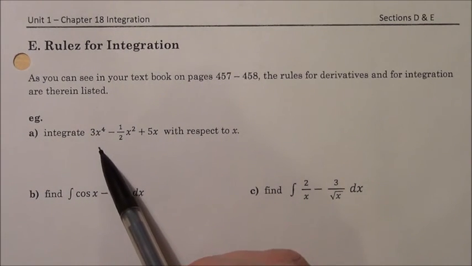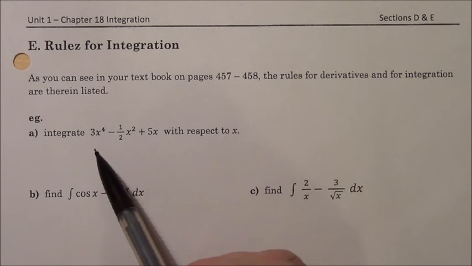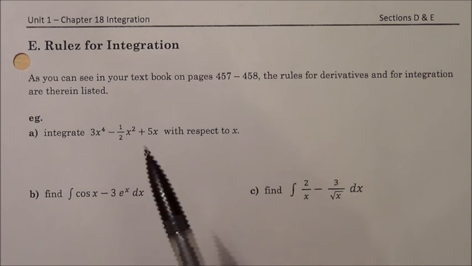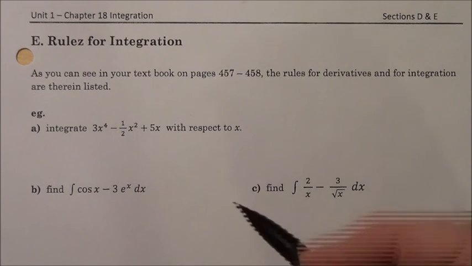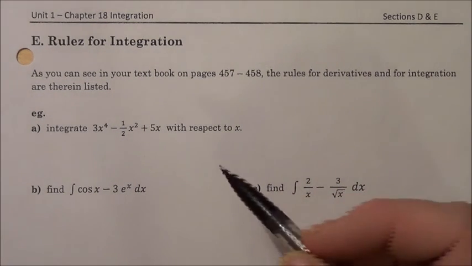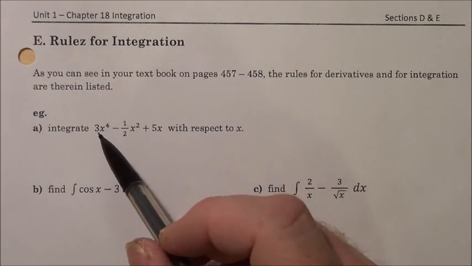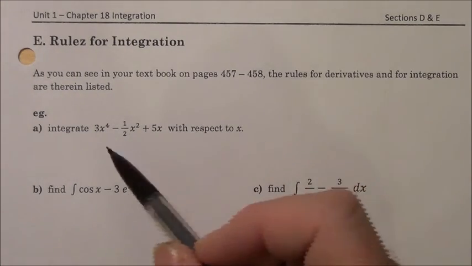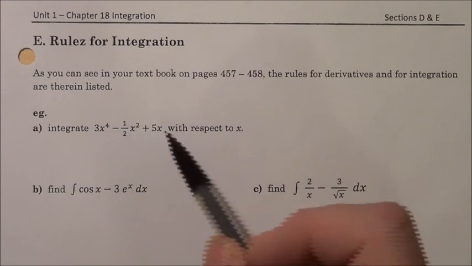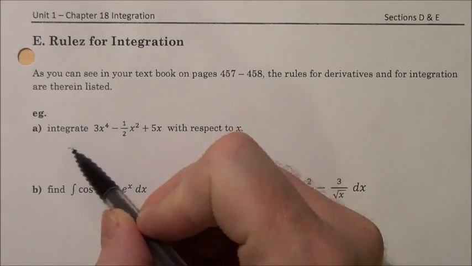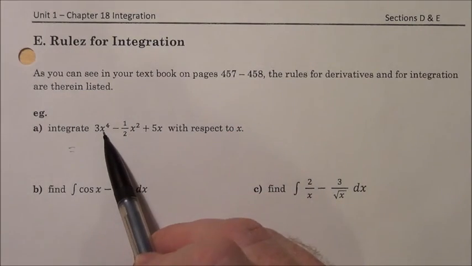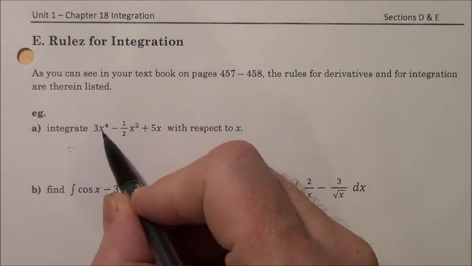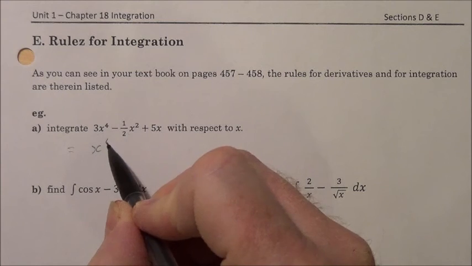So, like we saw in 18D, the integral of a sum or a difference of functions is the sum or difference of the integrals of those functions. So we can break these up into 5 different functions and take the integral of each one of those. When we take the integral of x to the power 4, we add 1 to the exponent.